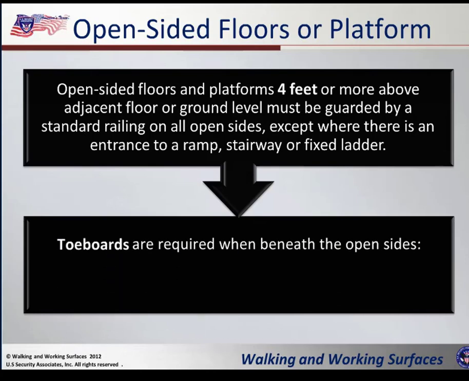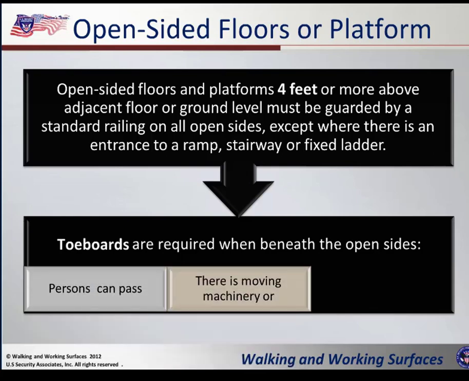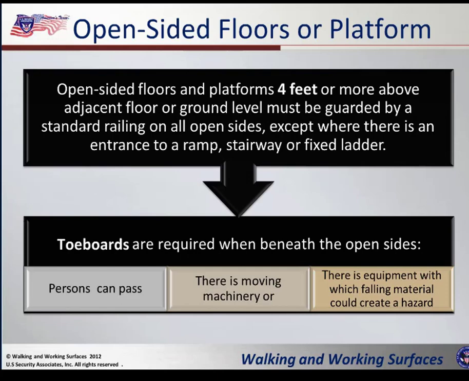Toe boards are required when beneath the open sides a person can pass, there is moving machinery, or there's equipment which falling material could create a hazard. So when you're using a toe board, you've got a guardrail, but at your foot there is at least a 4 inch toe board that prevents things from falling down and hitting somebody else on the head.